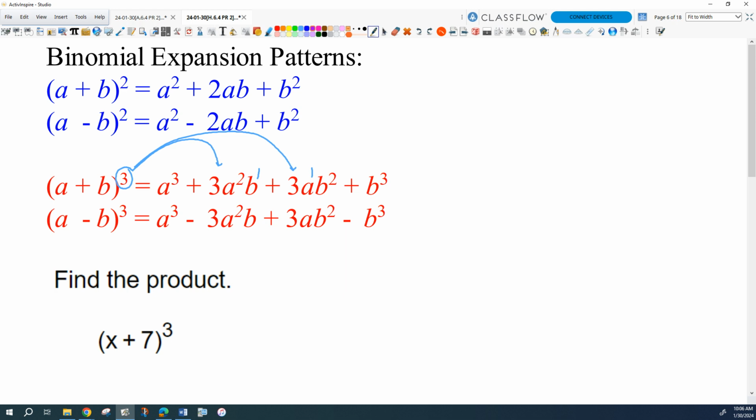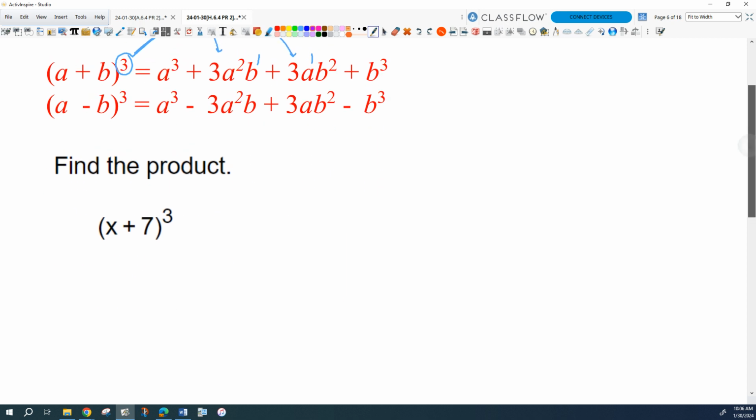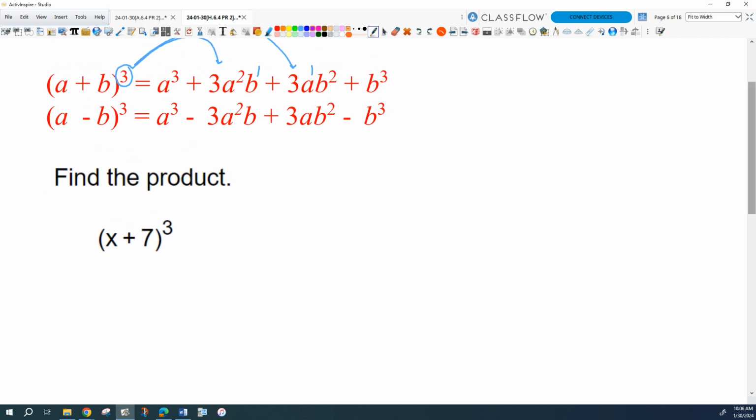It goes 1, 3, 3, 1, right? So if I split it down the middle, they're like symmetrical versions of the coefficient pattern. Okay. All right. So then we could easily apply the a plus b cubed pattern to this, right?